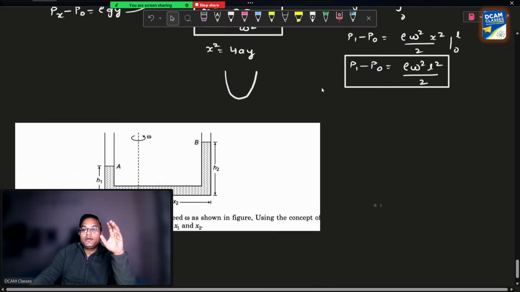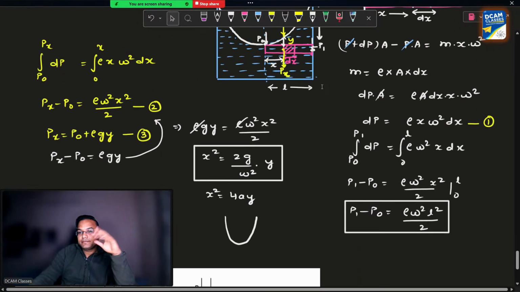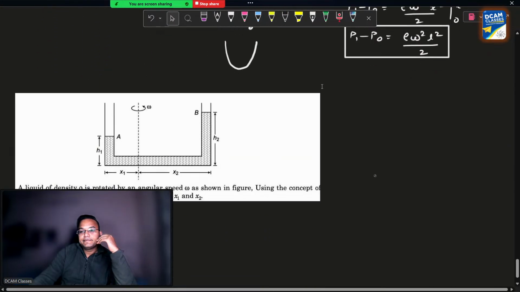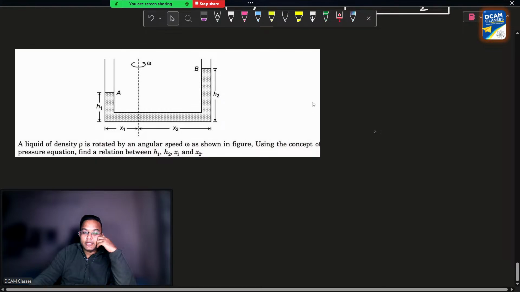If you want to look at the concept or anything, just ask me, I'll show you. Try to understand and get some idea how you'll solve this one.